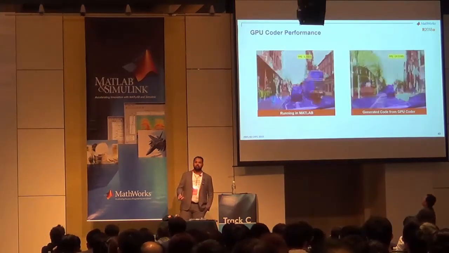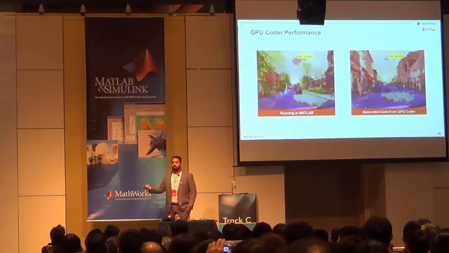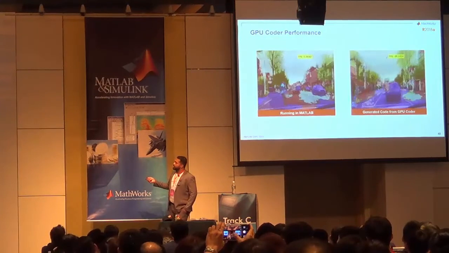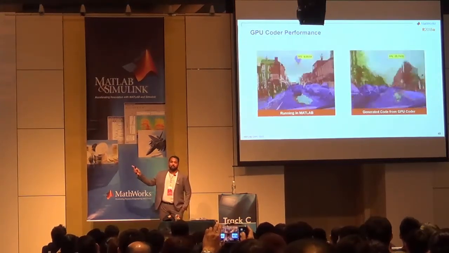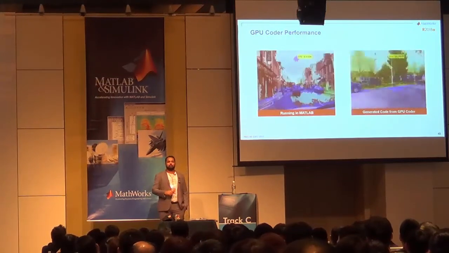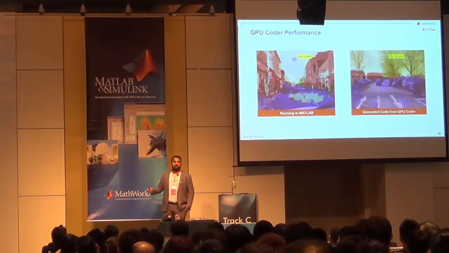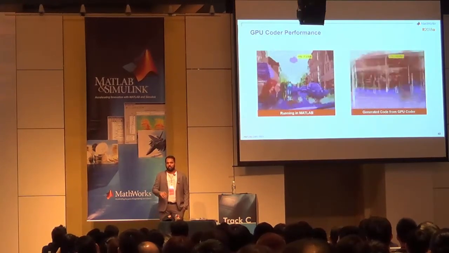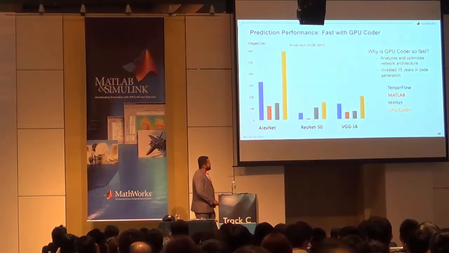And so you can see that by changing MATLAB into C code or C++ code, you can get a huge performance benefit like you see in this case. We have this demo running outside. One of our great partners, NVIDIA, has this demo running in real time. It's very impressive. You should check it out.